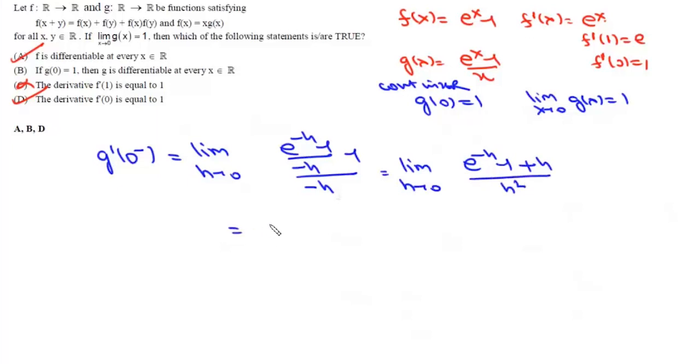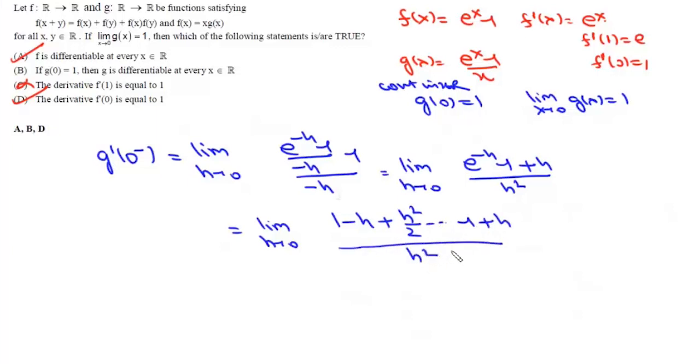Now we'll use the expansion of e to the power minus h. It will be 1 minus h plus h square upon 2 minus 1 plus h upon h square. Now this 1 will cancel, h will cancel. So this left hand derivative will be 1 by 2.